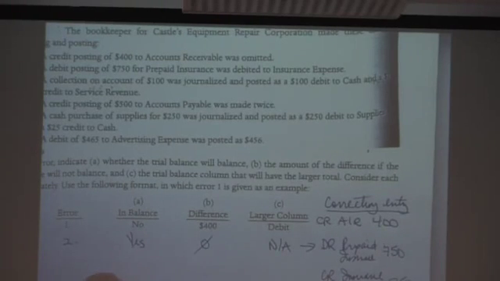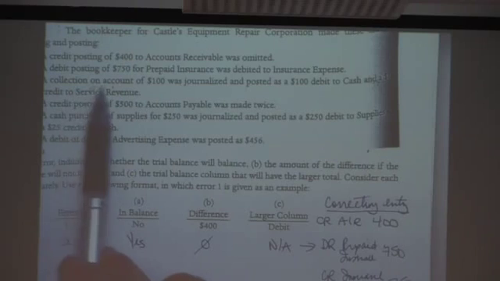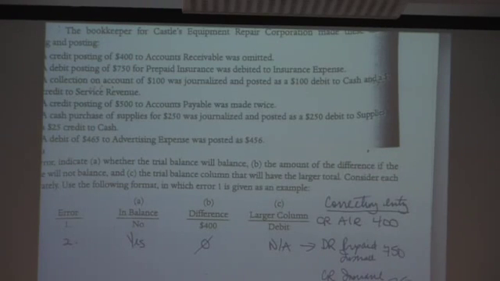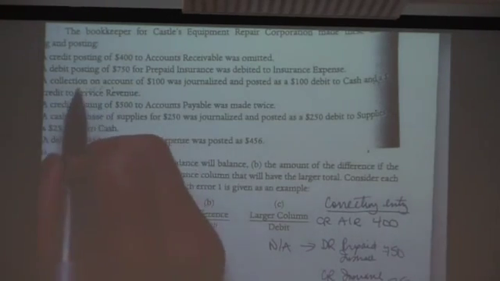Okay, let's look at error number 3: a collection on account of $100 was journalized and posted as a $100 debit and a $100 credit to revenue. So what's going on here? They collected $100 worth of cash, and it says collection on account.